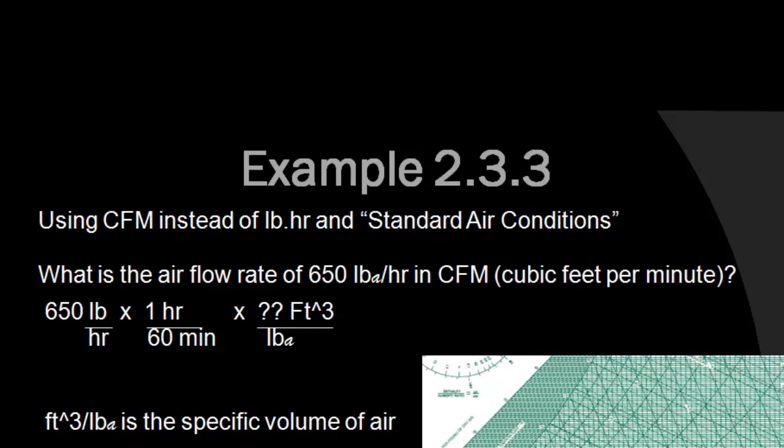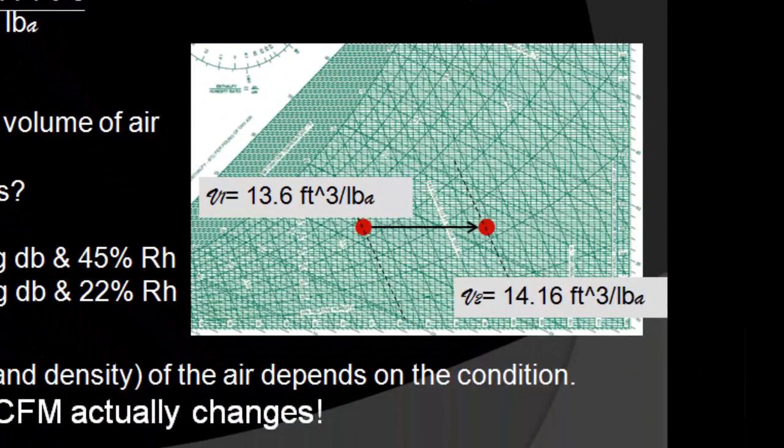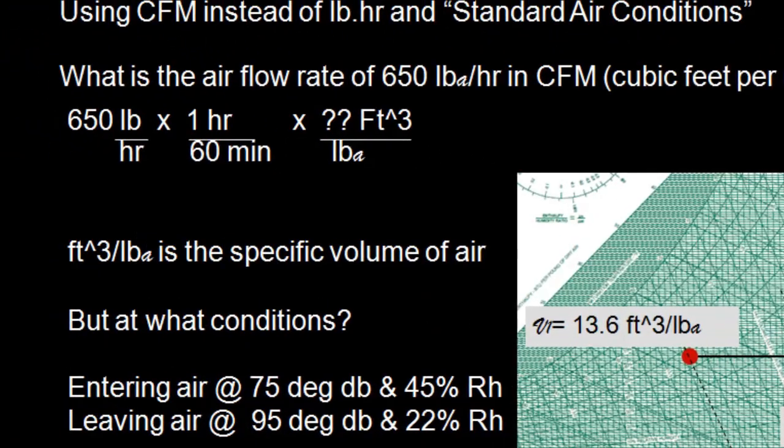Well, to solve this, we actually need to look at the psychrometric chart, because we see if we take 650 pounds per hour and multiply that times 1 hour per 60 minutes, we need to multiply that also by the specific volume of the air in cubic feet per pound of air to convert to CFM.